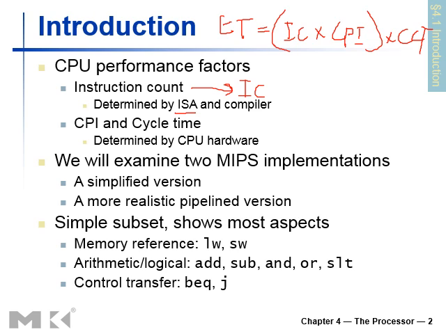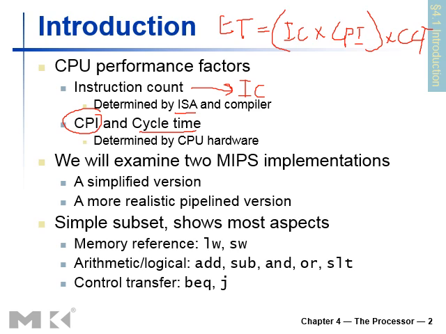The second important thing you can see from this formula is the CPI, the cycles per instruction: the number of cycles the processor consumes on average to process instructions. And cycle time is important. These are the key factors that determine the performance of the system.